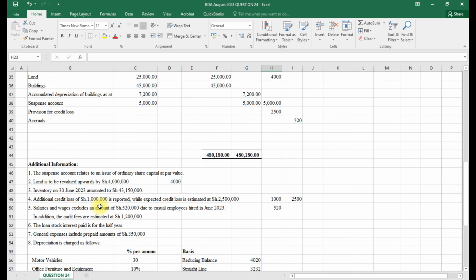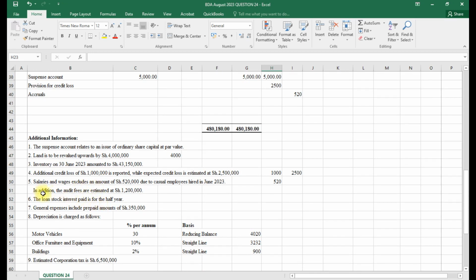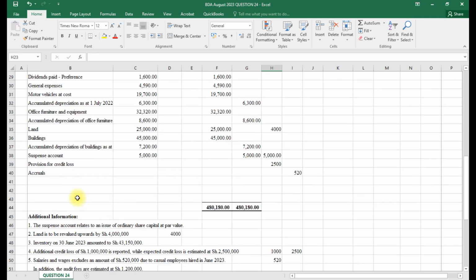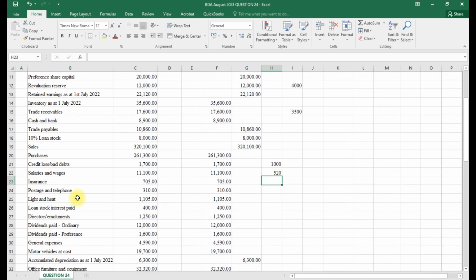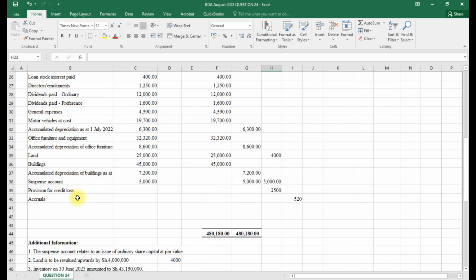The other statement that we have is, in addition, the audit fee is estimated at 1.2. Did we have audit fee? We did not have audit fee. So we shall include audit fee here, and it will go to accrual because it's yet to be paid.